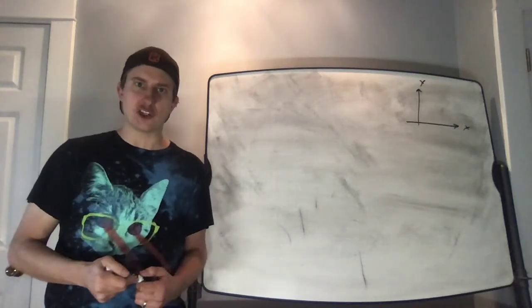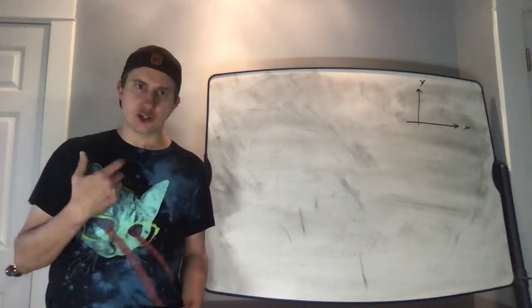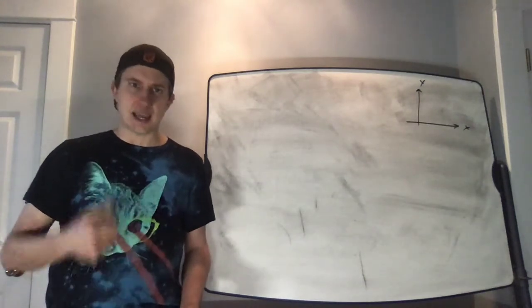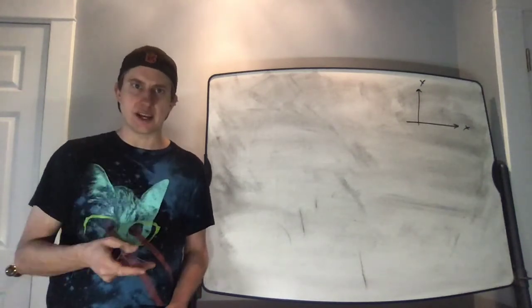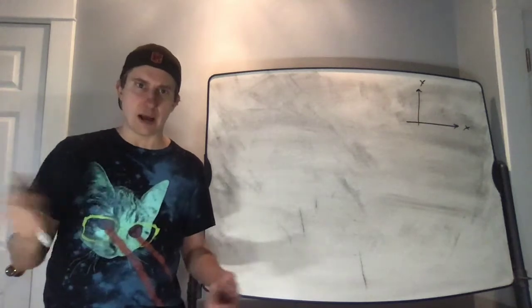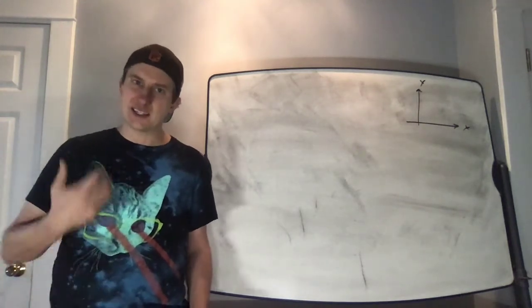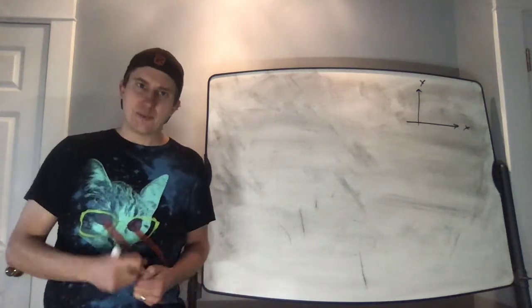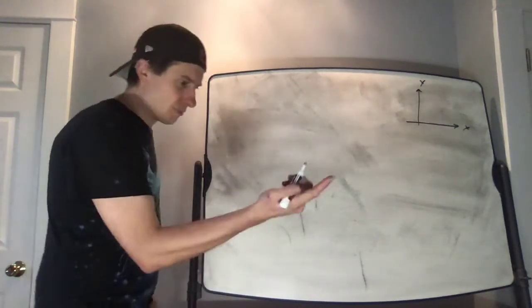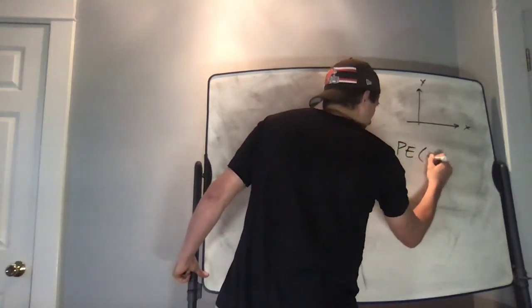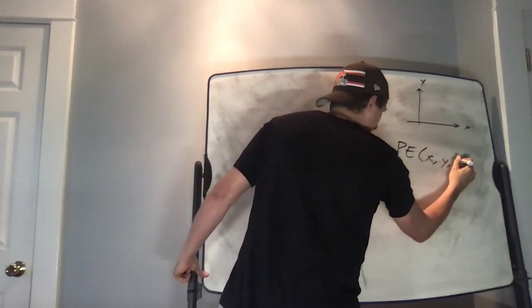To address that question, let's first remember what potential energy is. We said that potential energy is a form of energy associated with the configuration of objects in a system. In other words, potential energy is an energy of position. Potential energy could therefore be written as a function of position, or x, y, and z.